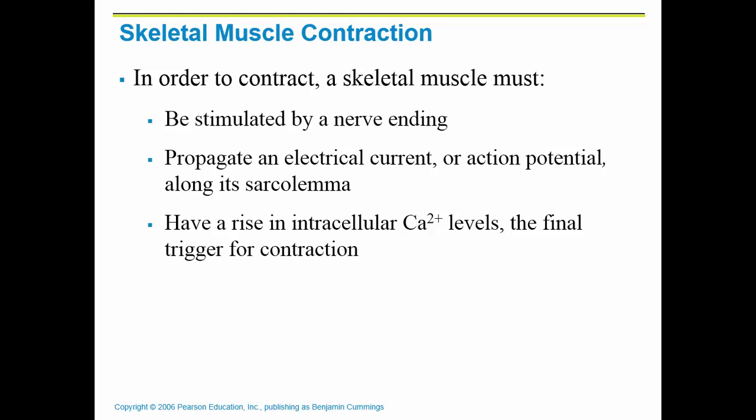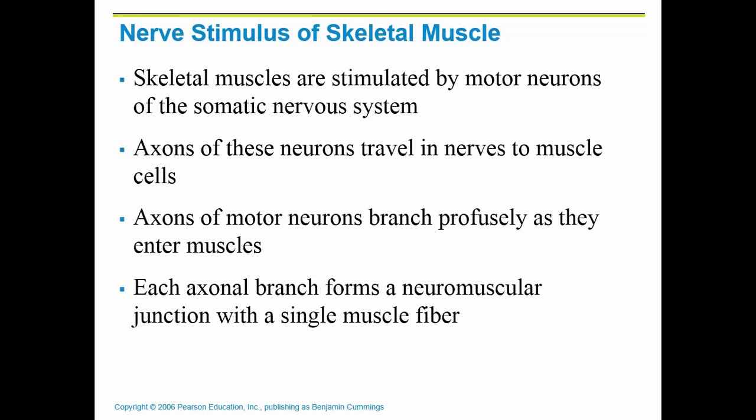And then we're going to have calcium actually come in to help with the contraction. Now, skeletal muscles are stimulated by a motor neuron. Motor neurons are neurons that are going to cause some sort of action of the somatic nervous system. Somatic nervous system is part of the nervous system that is voluntarily controlled.